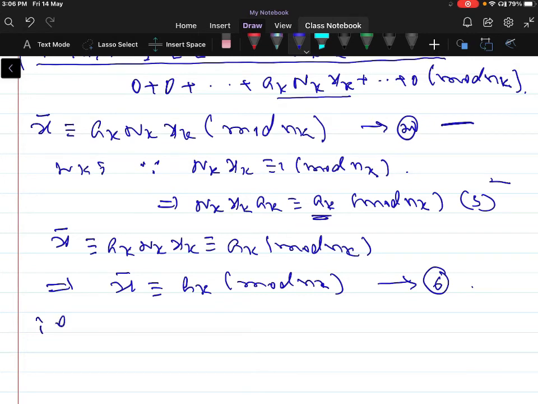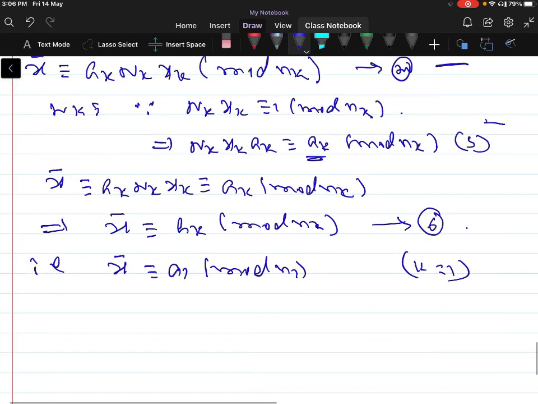That is, x bar is congruent to a1 modulo n1 for k equal to 1. x bar is congruent to a2 modulo n2 for k equal to 2.